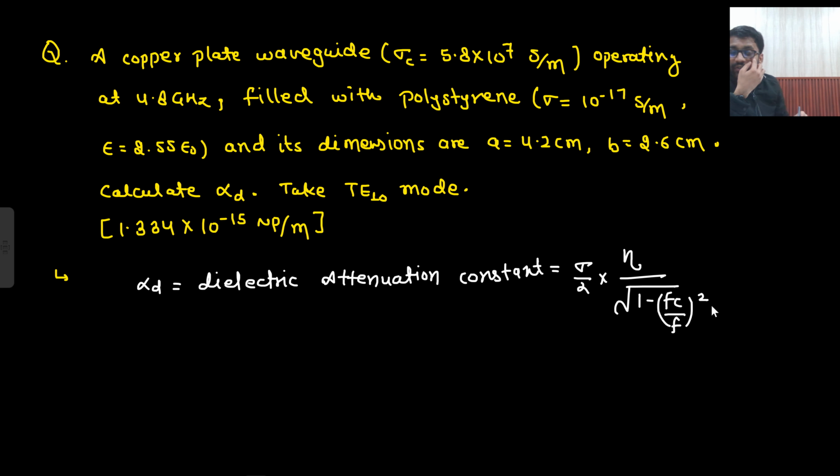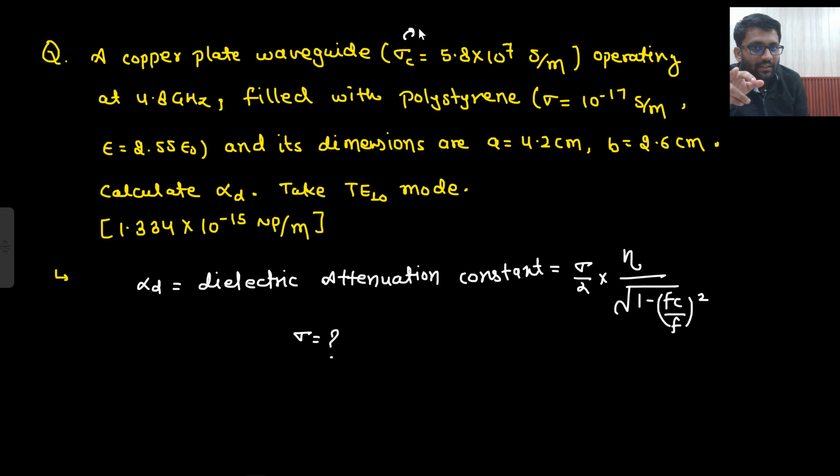Now just let me know one thing, which sigma will you be using? There are two sigmas, copper plate and polystyrene. This sigma. Why is that so? Because they are asking about the attenuation because of the dielectric. So you will use the sigma of the dielectric, not the sigma of the conductor.